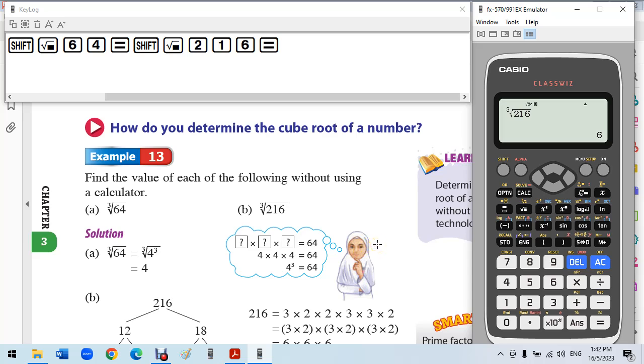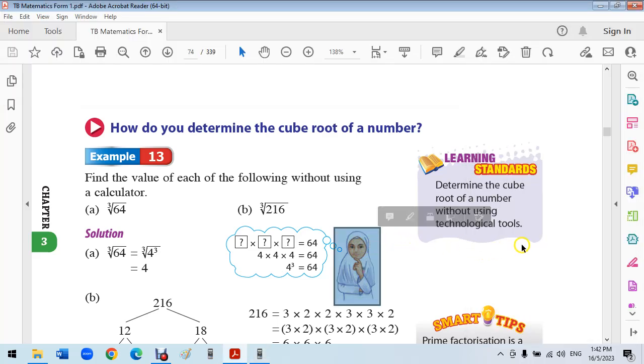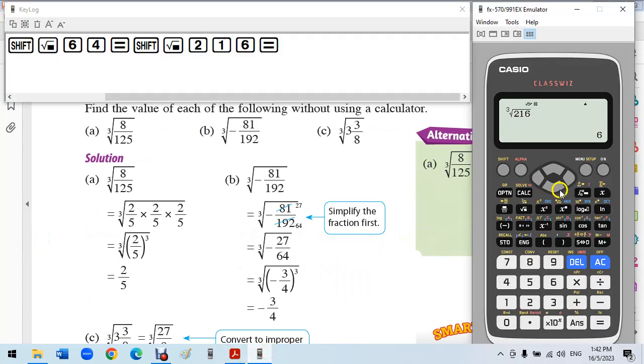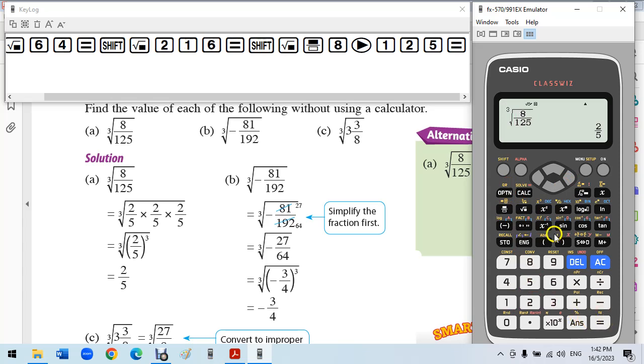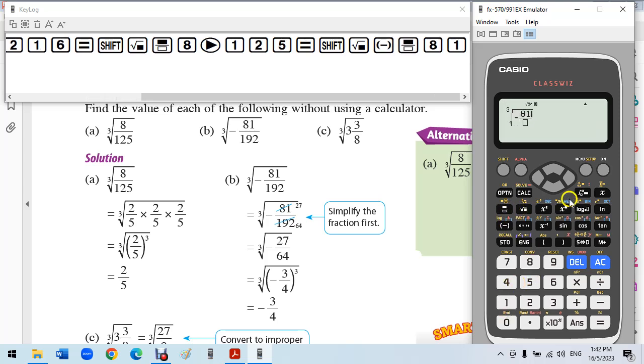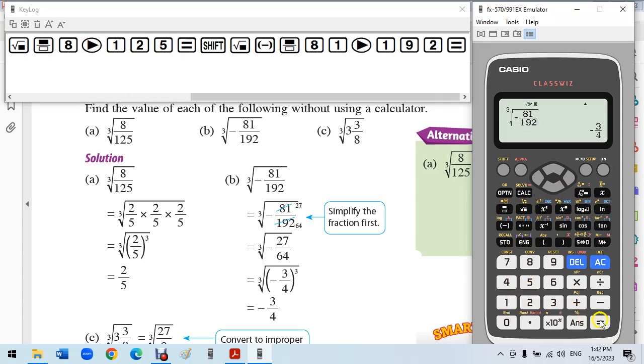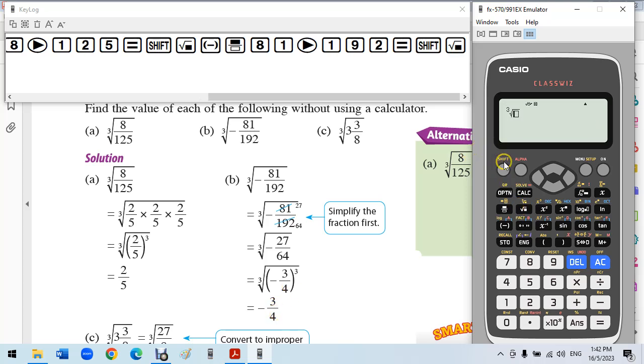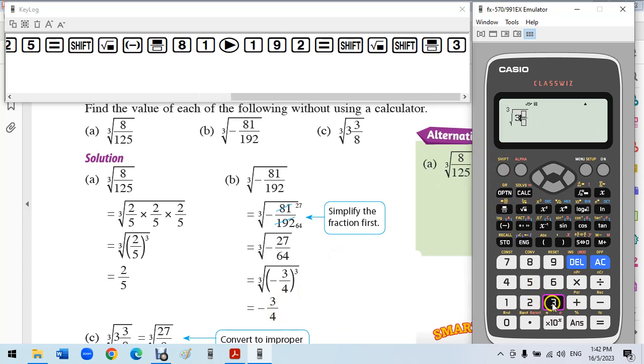Okay, so something complicated, cube root of 8/125 is 2/5. Cube root of negative 81 over 192, negative 3 over 4. And then cube root, this is 3 and 3 over 8.